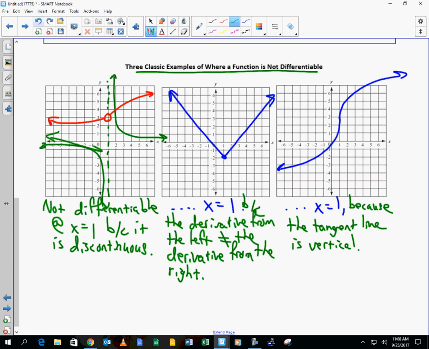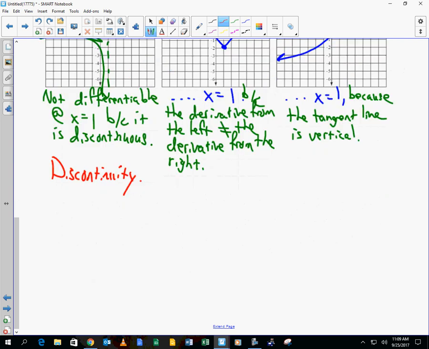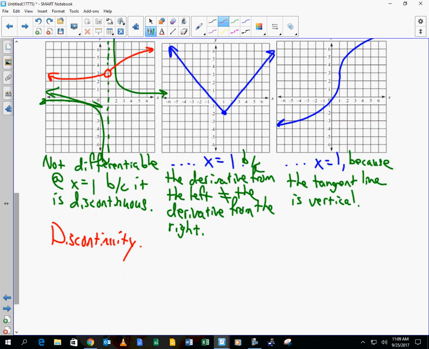So these three situations, we kind of classify them. Instead of writing all this out, we have really three distinct situations. Number one, we have discontinuity. If it's discontinuous, it will not be differentiable. You won't be able to take the derivative at that spot. The second time you can't take a derivative is if you have a corner.